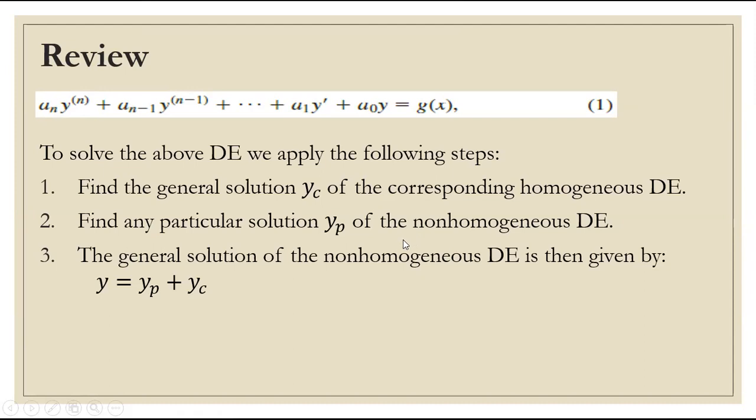We call this method the annihilator method. Then the general solution is given by the sum of yp and yc. We solved maybe 3 problems depending on this method.